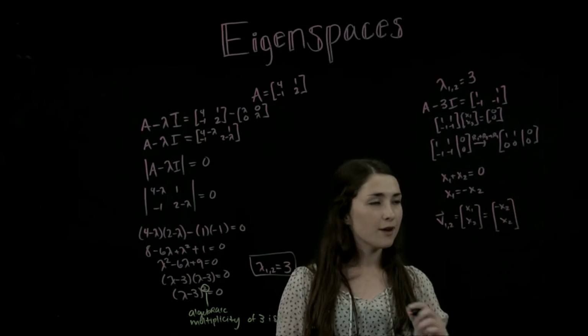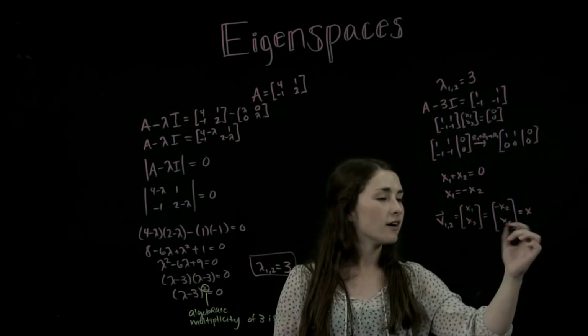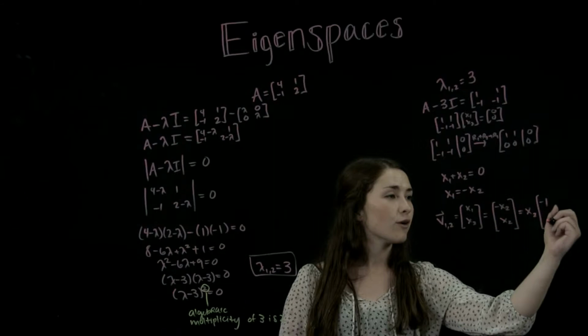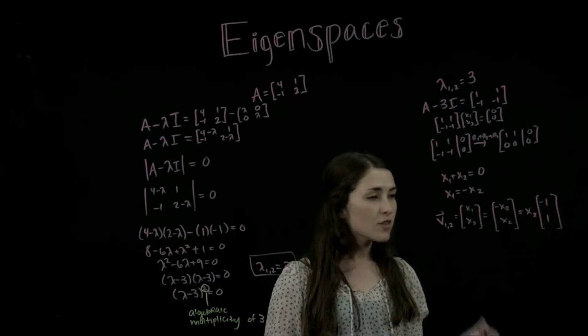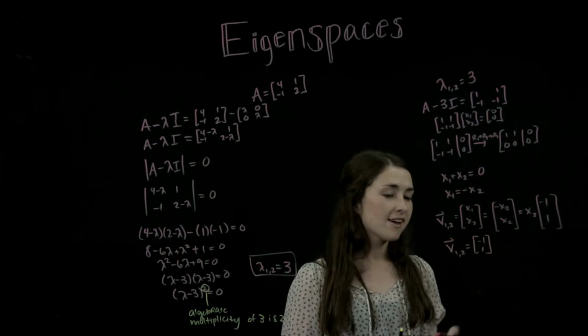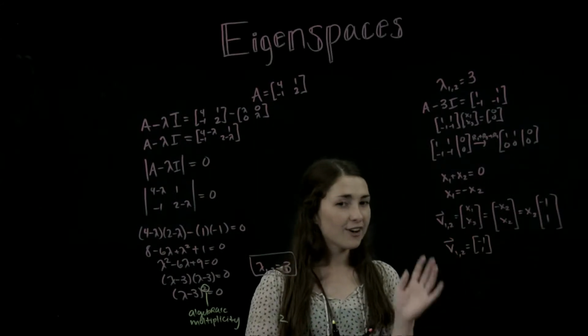And we always want to write it in terms of our free variable, so we'll have x2 times negative 1, 1. So this here is our eigenvector. So now we have our eigenvector. What can we do with it?